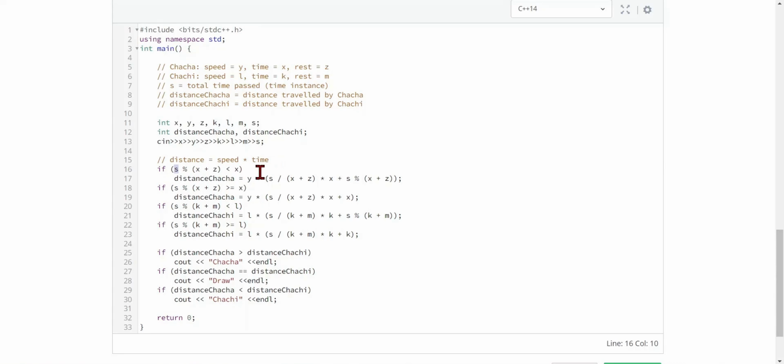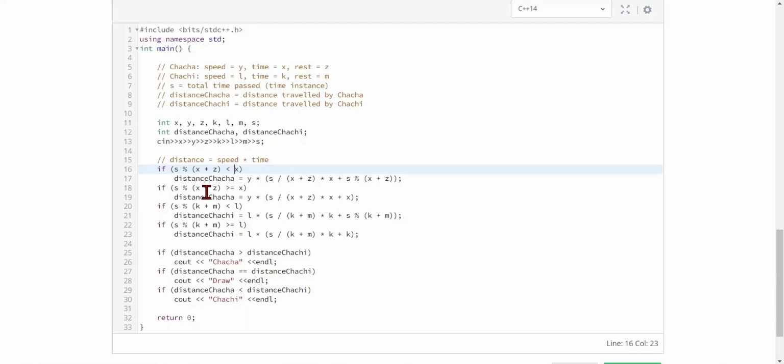Now the leftover time, that is the 2 seconds, we consider to check if the extra time left over is less than x or greater than x, because we are concerned only with x, as Chacha runs only for x seconds. If the time that is left over is less than x, we need to consider only that amount of time for calculating distance.